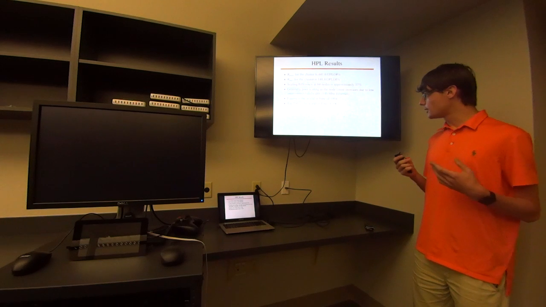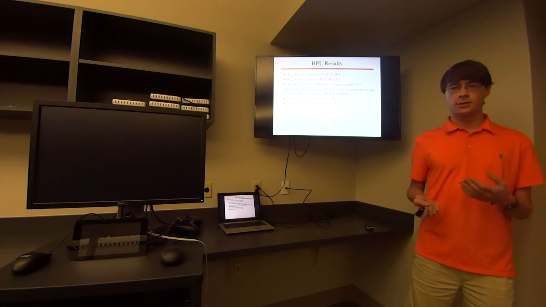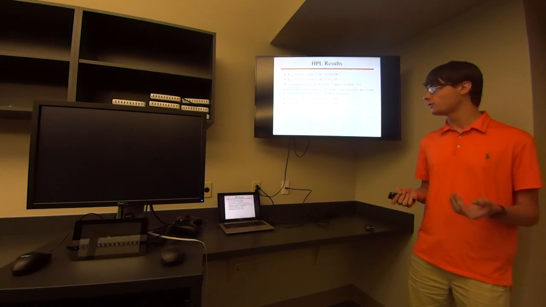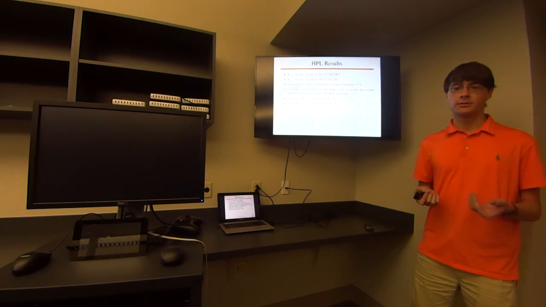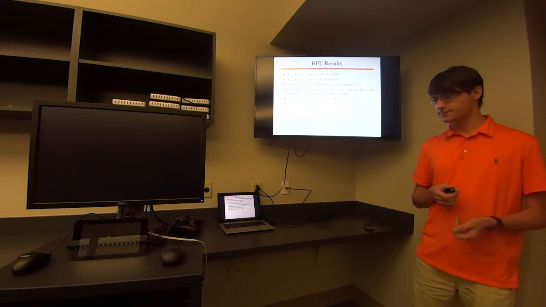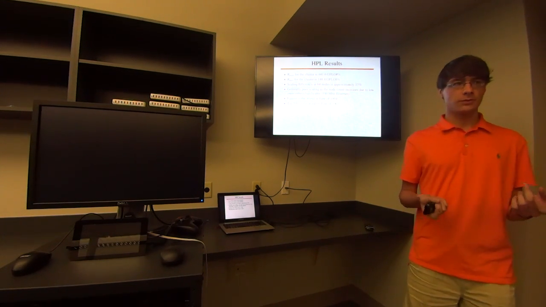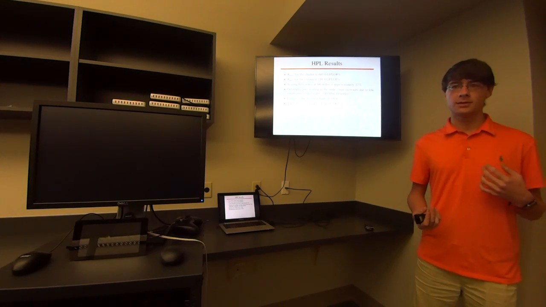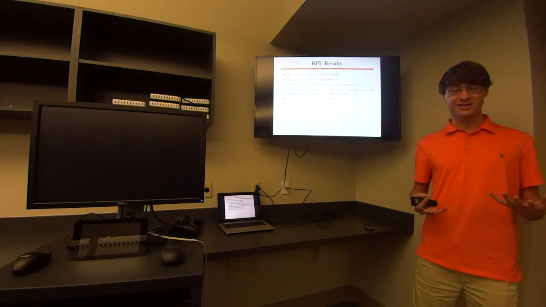So our actual R max, our best performance on HPL, was achieved at our full 64 nodes. It was just under 150 gigaflops, which is not bad. It's on par with, say, a decently high-end workstation.